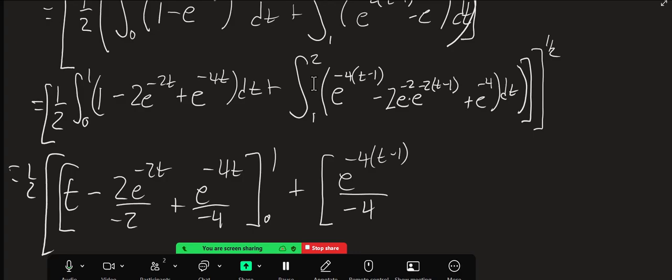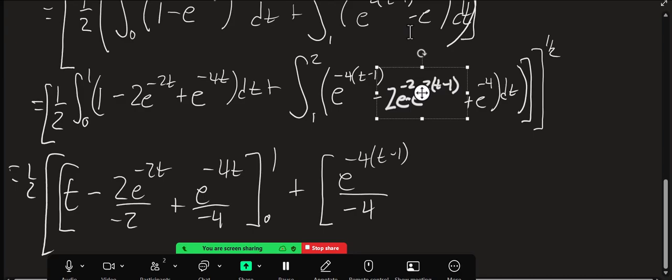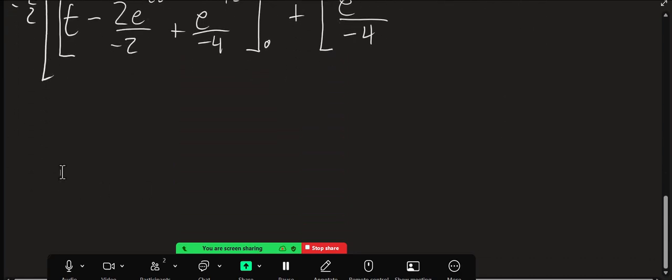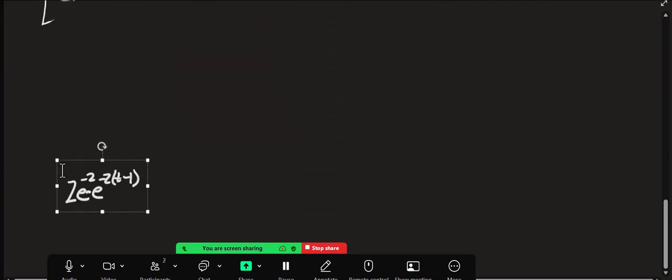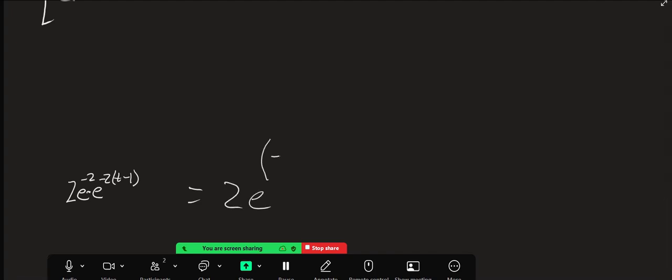And then this middle part here, just off to the side, that is 2e to the negative 2t plus 2 minus 2.